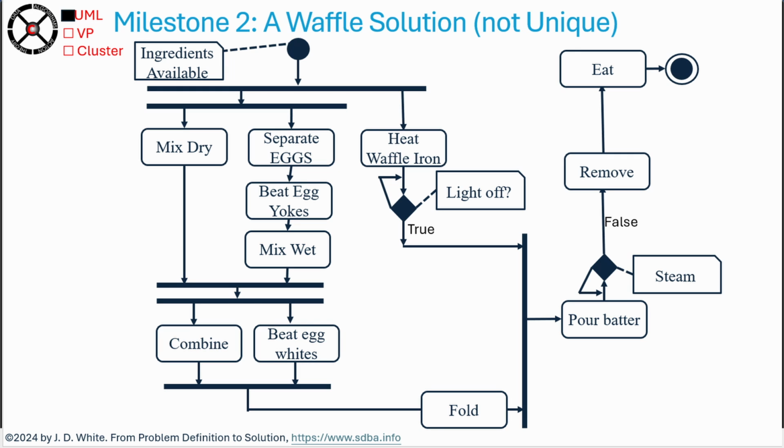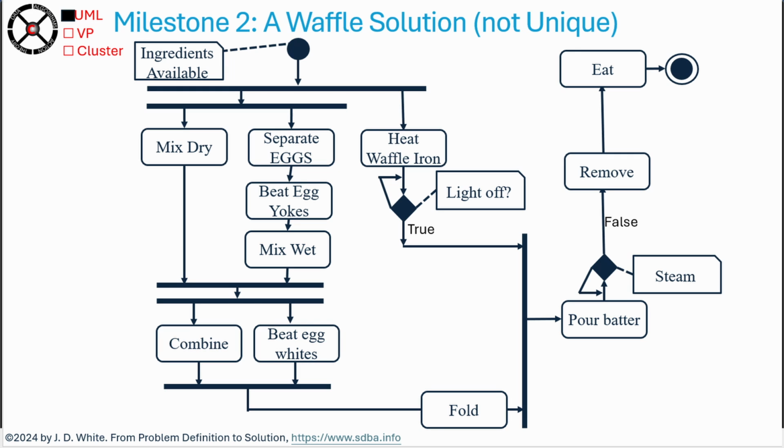I've got to separate eggs, and then I've got to beat the eggs, so that's going to be right after. Beat egg whites, right? I think that's what I'm doing here. I'm beating the egg whites, and I'm also wanting to mix the wet ingredients.